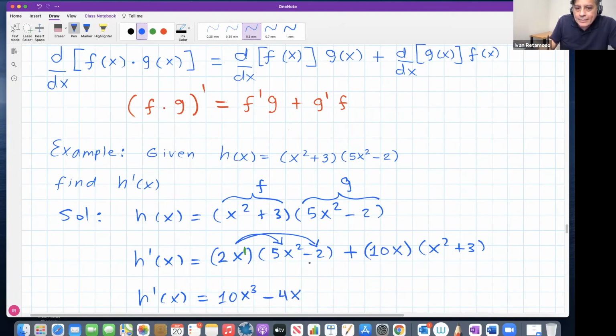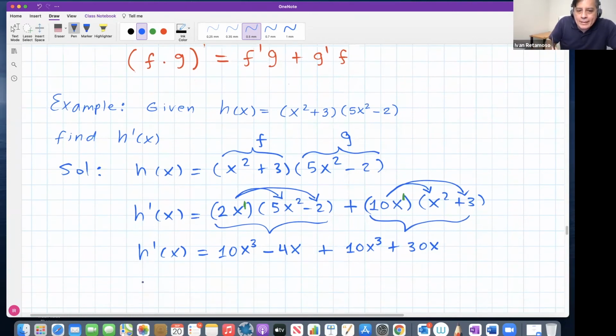Done with this part. Now for the other part, 10x times x squared: remember again, this has an invisible one as exponent, so x times x squared is x cubed, 10x cubed, plus 10x times 3, 30x. And pretty much we should be done after combining like terms.